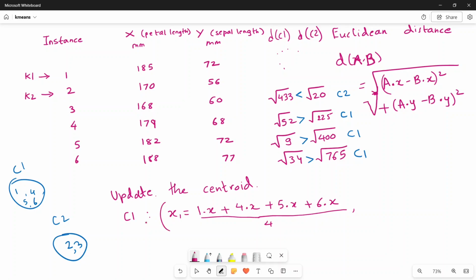And the y coordinate, let's say y1, will be the sum of the y coordinates. So y coordinate of 1 plus y coordinate of the fourth point plus y coordinate of the fifth point plus y coordinate of the sixth point, and everything of that divided by 4.